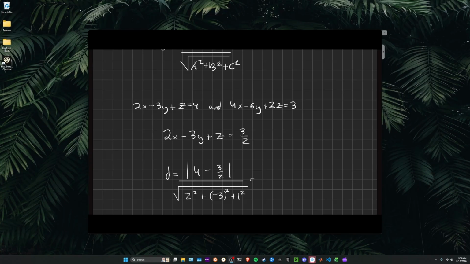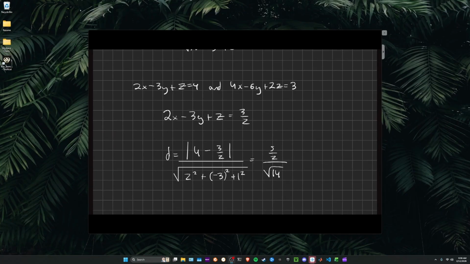So 4 minus 3/2 would be 5/2 divided by square root of 14. And I'm sure there's a nicer way to rewrite this. Actually, let's just do that now. In proper fraction, so I'll write it like this. But I think either is fine.